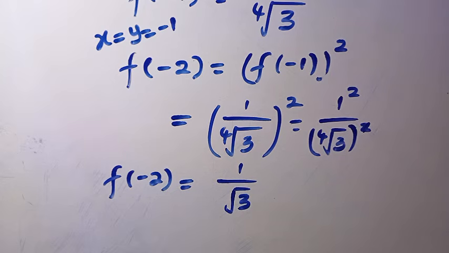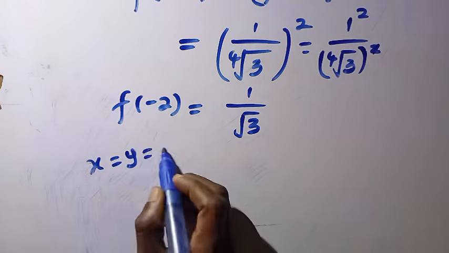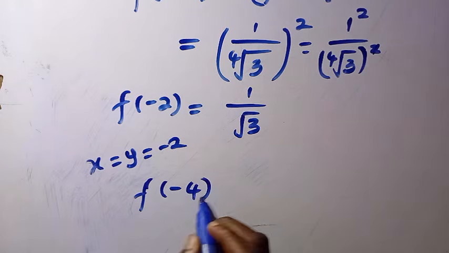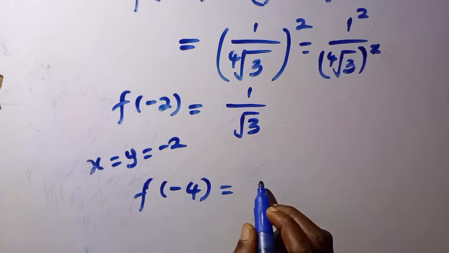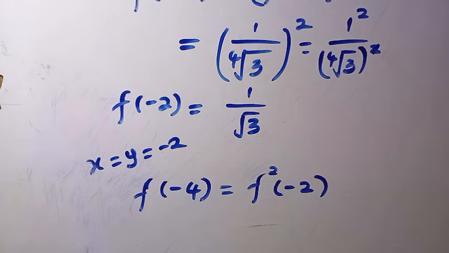And again, I need f of minus 4. To get f of minus 4, I'm going to state x equals y equals minus 2. So here gives us f of minus 4 equals f of minus 2, that is f squared of minus 2.